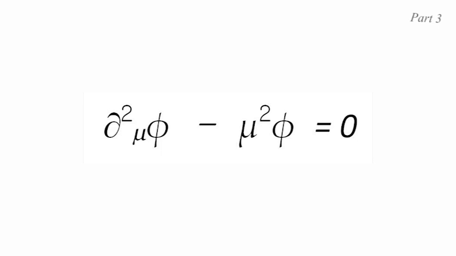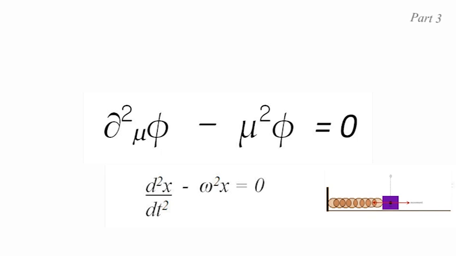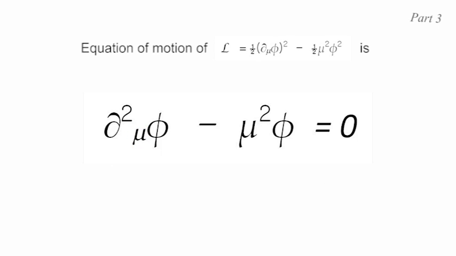Now that should remind you of what we had with the spring mass system: d2x by dt squared minus omega squared x equals 0. Remember that x has been replaced by the field phi, and time has been replaced by space-time, 4 things. In other words, the equation of motion, if I can use that phrase, of this simple scalar Lagrangian will be something like the equation of motion of simple harmonic motion.